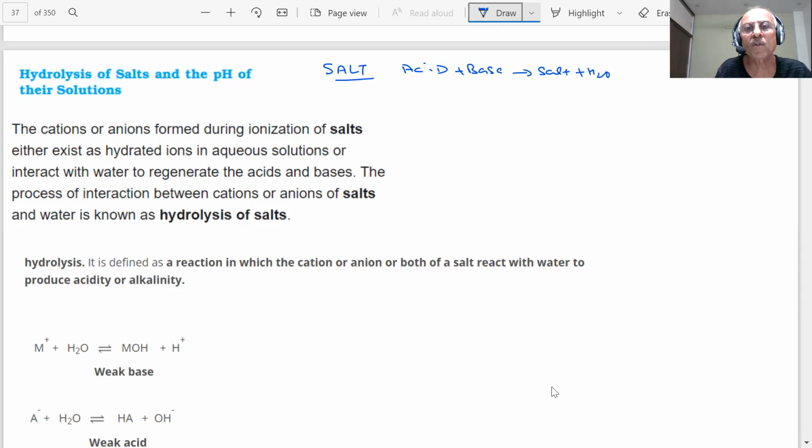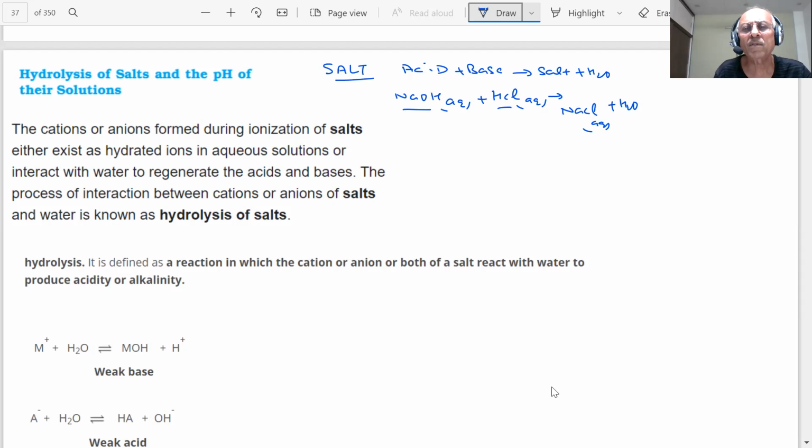If you have a strong base, for example NaOH, and a strong acid, what is the product? NaCl, a neutral salt, and H2O. This is a salt of a strong acid and a strong base.